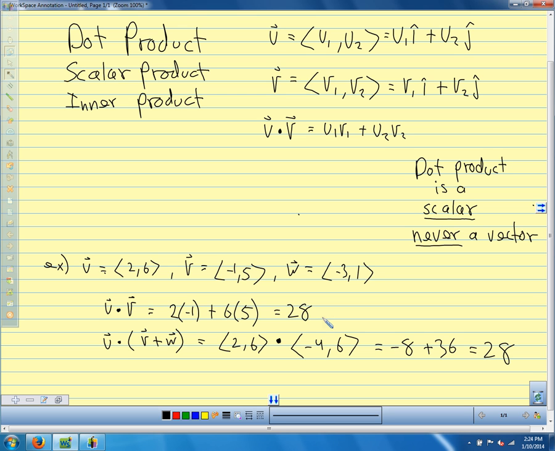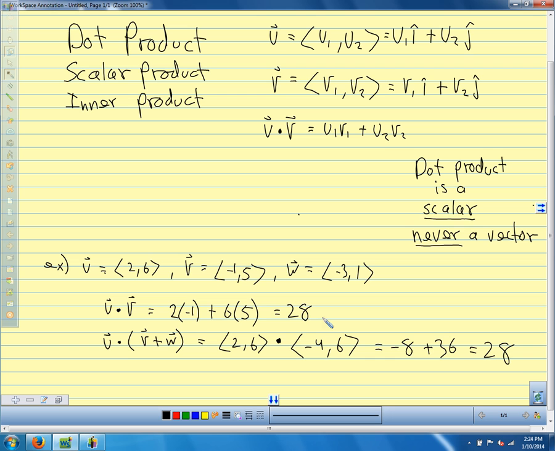Now what we're going to do in class, we're going to worry mainly about how to calculate dot products, just working with the dot product. We're not going to talk about applications much for dot products. When you get into next year when you're in calculus, you'll do some applications of dot products. If you're in physics, you do applications with dot products. We use dot products to calculate work. We often use dot products to find distances between things in space, because dot products have to do with the lengths of vectors projected onto other vectors.